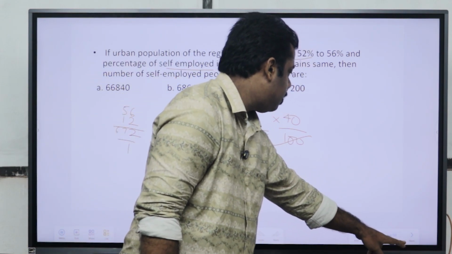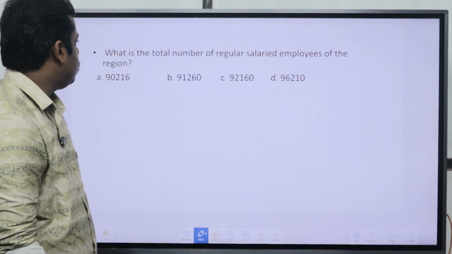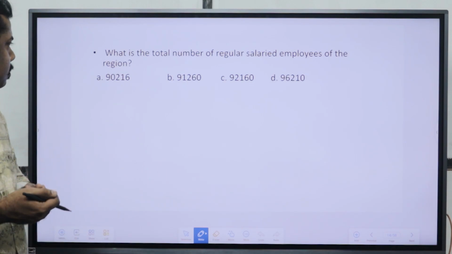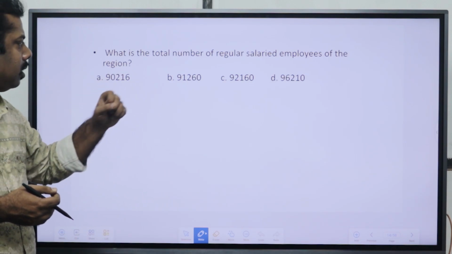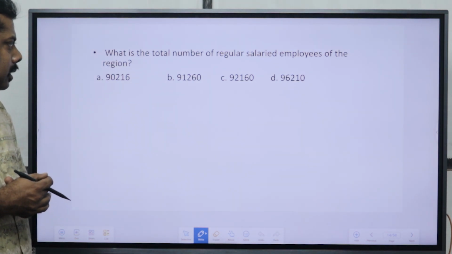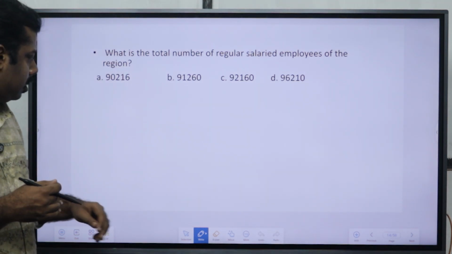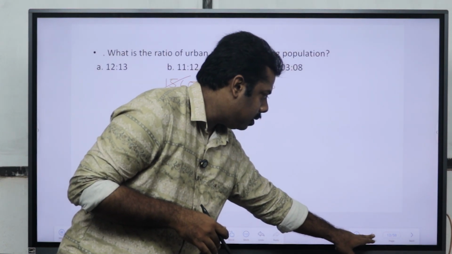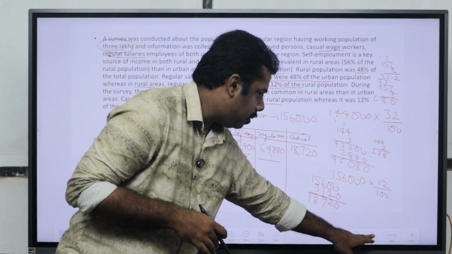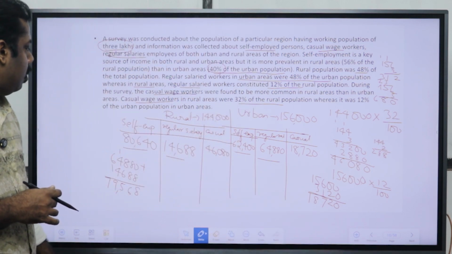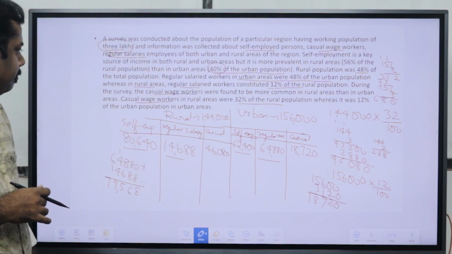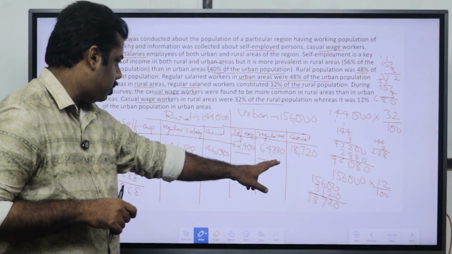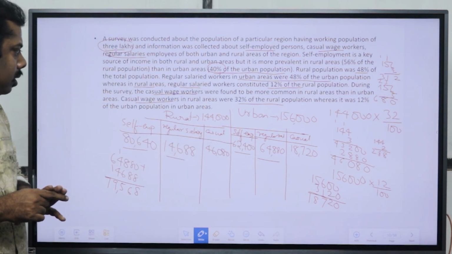Going to the options, we are getting 79,000 something, but the options they have given are 90, 91, 92 and 96. Going back once again to regular salaried people. Have we made a mistake anywhere? 64 was here, here it is 14,000.